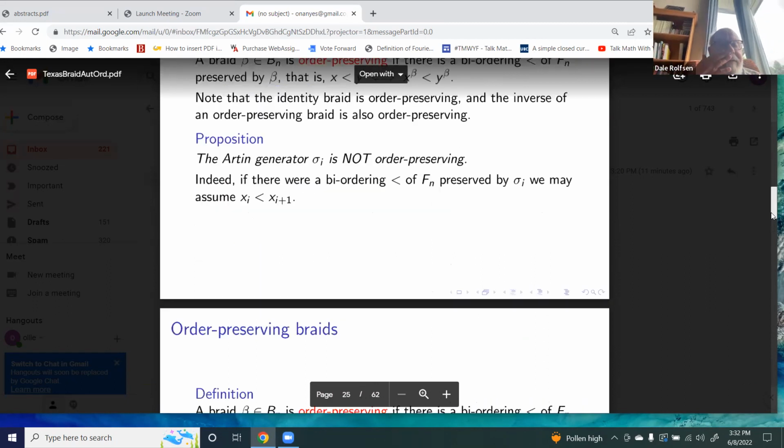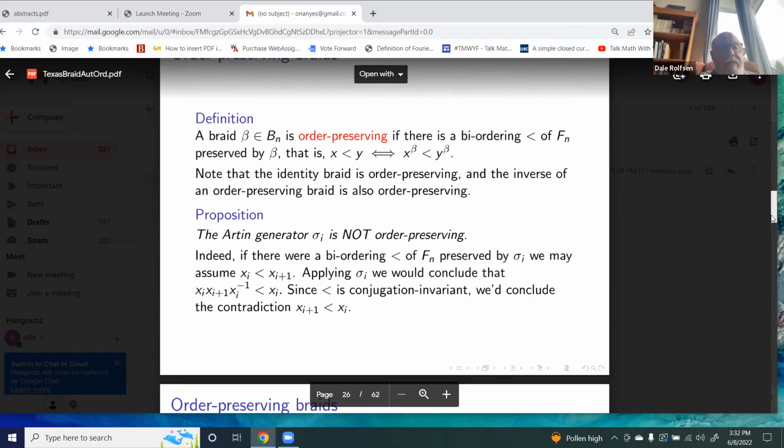Otherwise, take the reverse of that ordering. If we apply sigma i, we conclude that xi plus 1 conjugated by xi is less than xi. But that would then imply that xi plus 1 is less than xi, which is a contradiction.